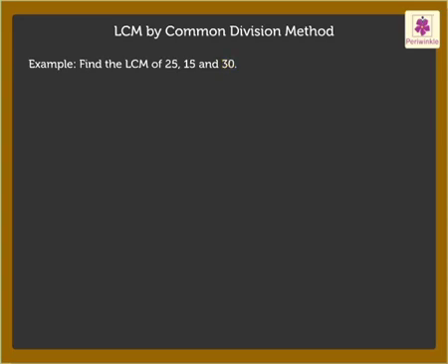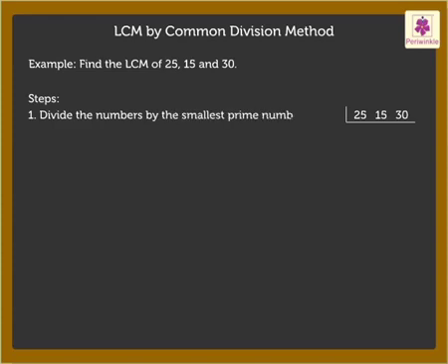Here we would be finding the prime factors of all the numbers together. Step 1. Divide the numbers by the smallest prime number which divides at least one of the numbers. Begin with the smallest prime number, that is 2.